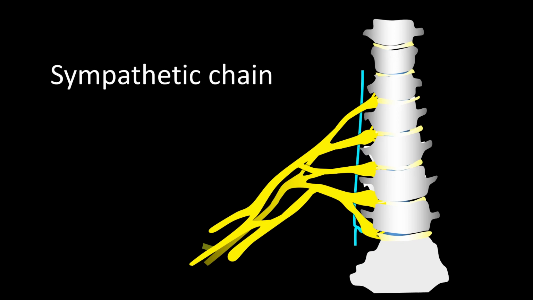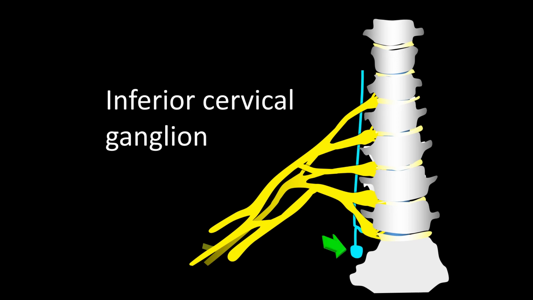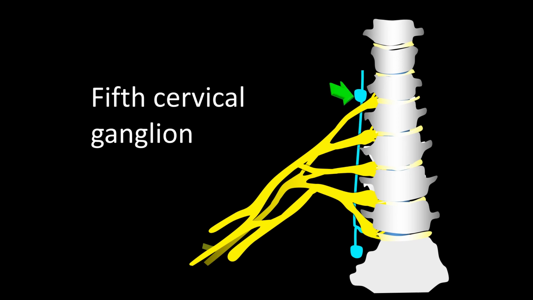The sympathetic chain is formed by myelinated fibers from neurons in the middle horn of T1 spinal cord segment and end up in one of 3 ganglia. The closest of the 3 ganglia they terminate is the inferior cervical ganglion. The next in proximity, which is a bit further and going in the opposite direction, is the 5th cervical ganglion.